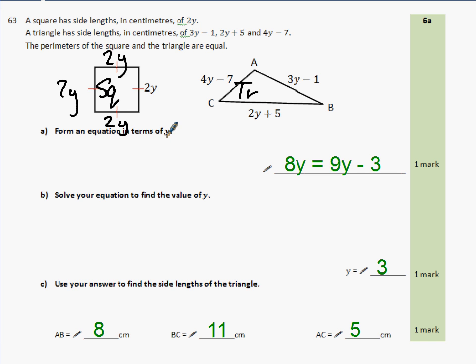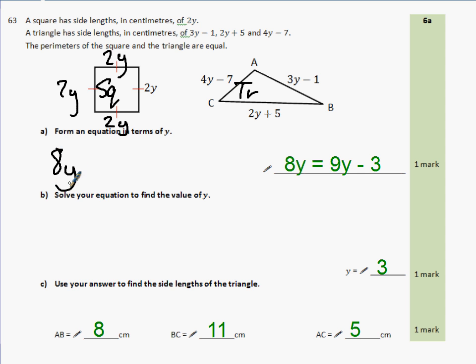What? Hold on, how can we do that? Because there's a little bit more of the question that we didn't read. The perimeters of the square and the triangle are equal. Perimeter, distance around the outside. So for the square, it's 2y plus 2y plus 2y plus 2y, but all of that can just be shortened to 8y.